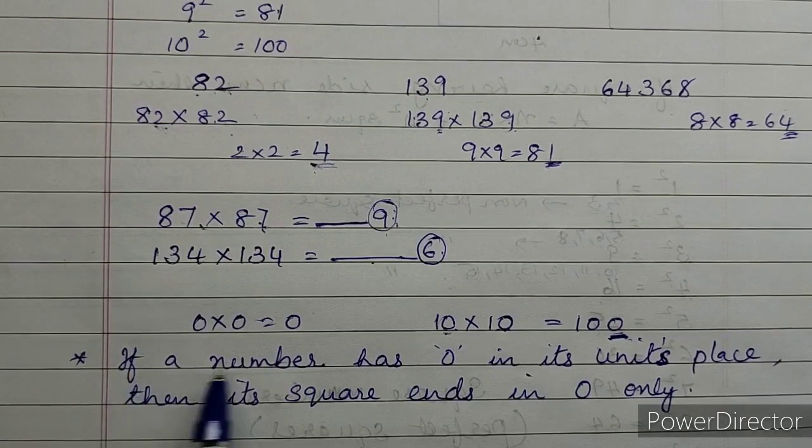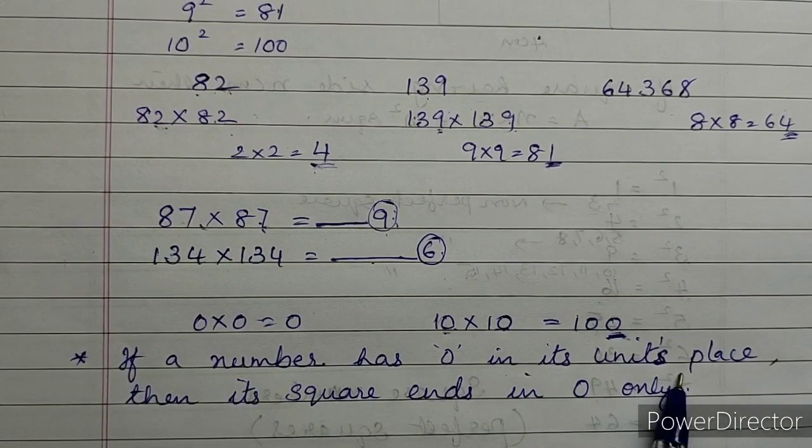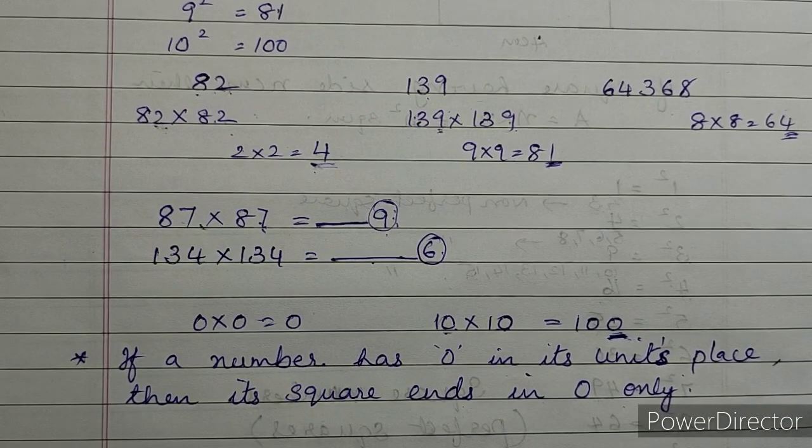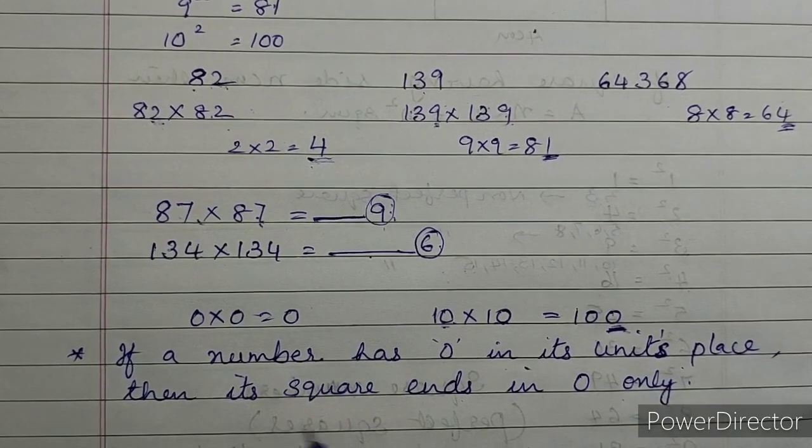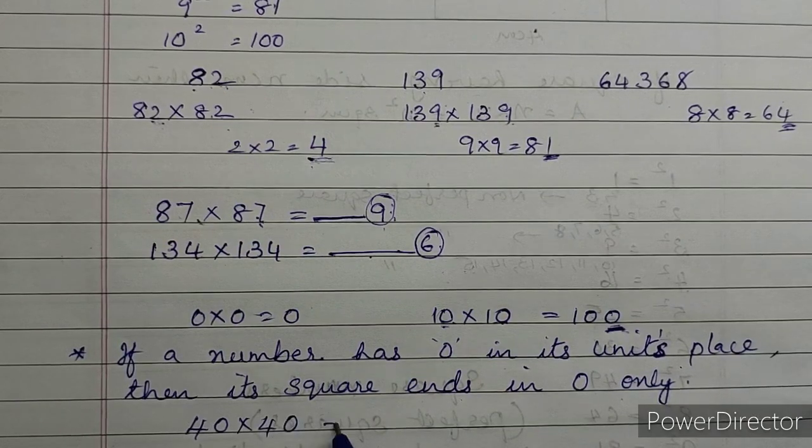That is, if a number has 0 in its units place, then its square ends in 0 only. It doesn't matter how big the number is or how small the number is, how many digits are present in that number, but if the number is ending with 0, then the square number also will be ending with 0 only. For example, you take 40 into 40.